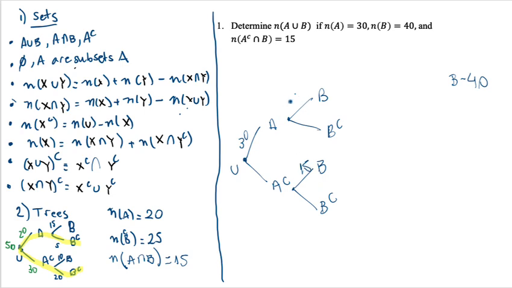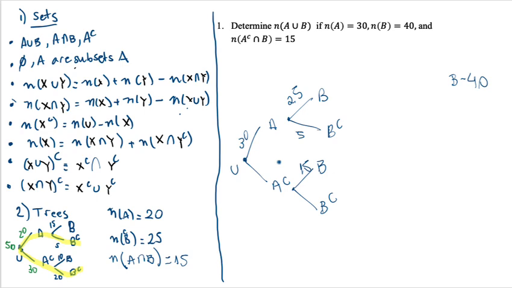So 15 plus 25 will give me the 40 elements that are in B. Now, after I found this, I can use a rule of the tree where I have 30 elements in A, so I necessarily will have 5 elements in this path, okay? Because 25 plus 5 has to sum up to 30, okay?